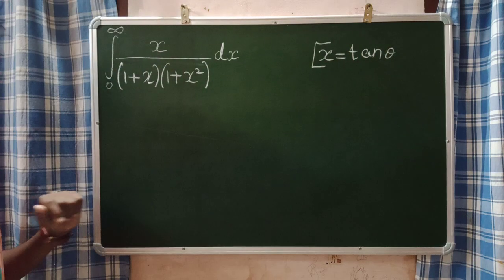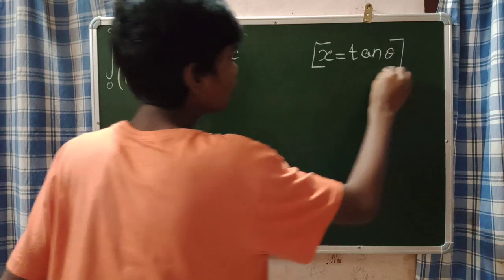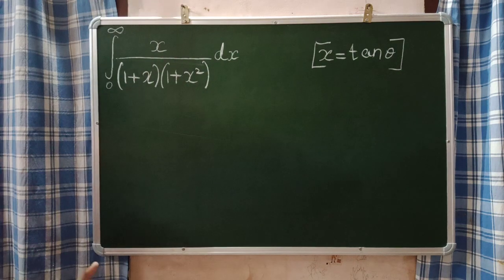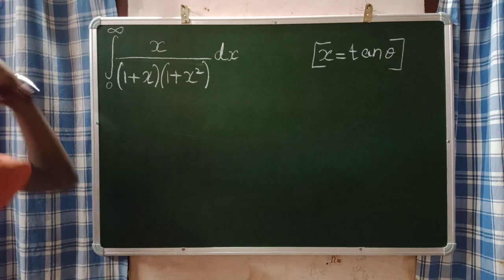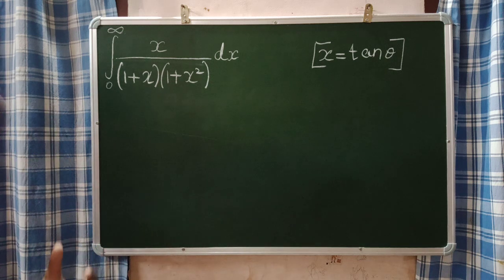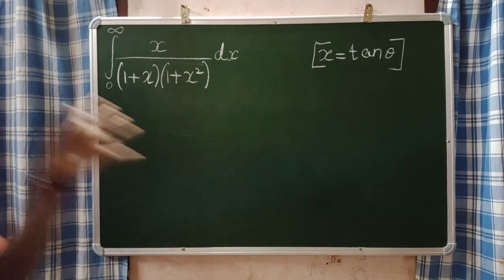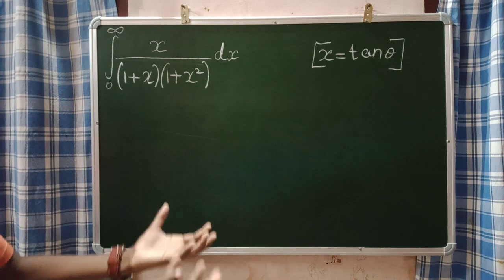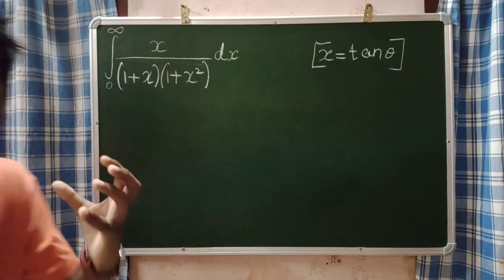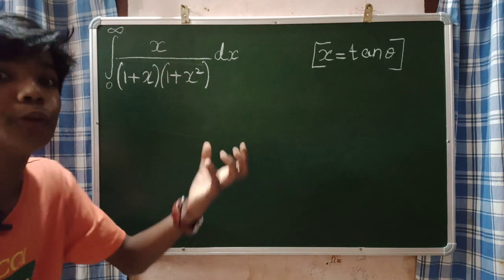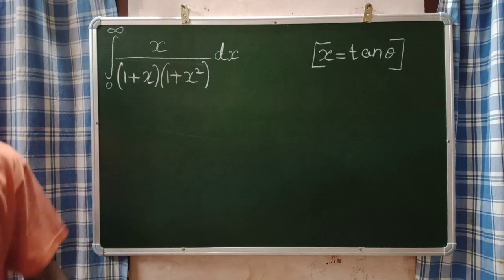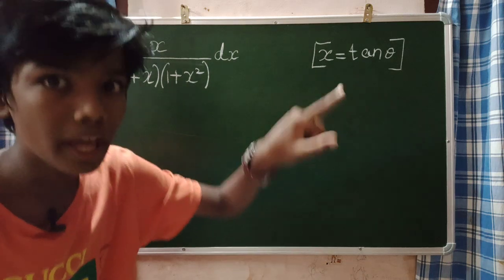This is what we mean by exposure. By the question itself, you should make a map of how to apply it and what you are going to do. Those mapping activities you need to do as soon as you see the question, when you have the exposure. So I'm taking x as tan theta.